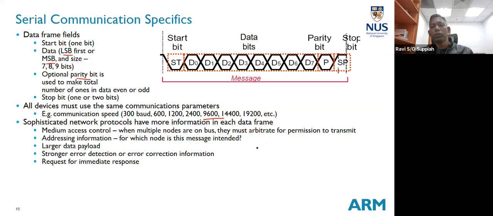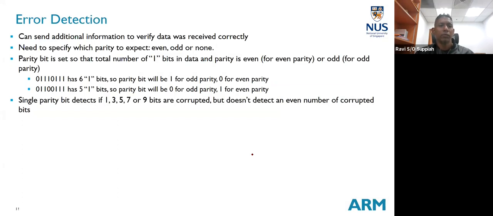Some devices may be able to go higher. All right, but 9600 is quite a standard setting that almost all serial devices support. Okay, and it's a very simple network sort of protocol without going into any complicated overheads. Right, so we will not go into anything else other than the basic idea of doing it.